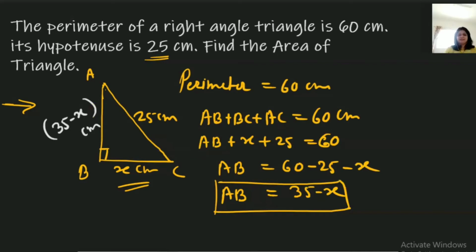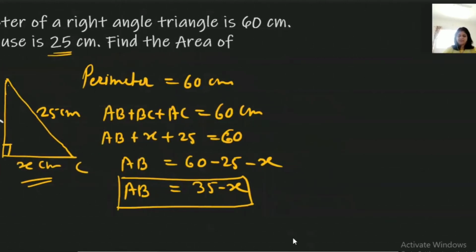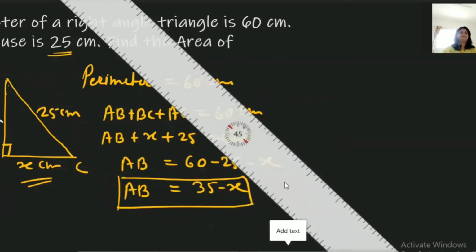Now we have to find X first. After finding X, we will come to know how much BC and how much AB. So let's go to find X. Now, since this is a right angle triangle, we can use the Pythagoras theorem, right? Now, what is the Pythagoras theorem?